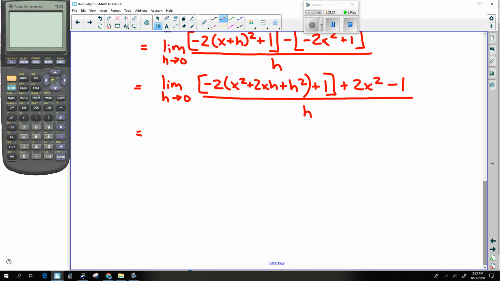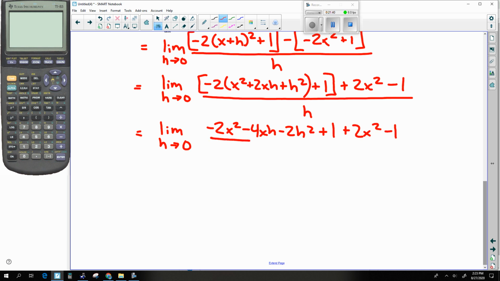So I'm going to distribute in that negative 2, so the limit as h goes to 0 of negative 2x squared minus 4xh minus 2h squared plus 1 plus 2x squared minus 1, all over h. So let's eliminate.